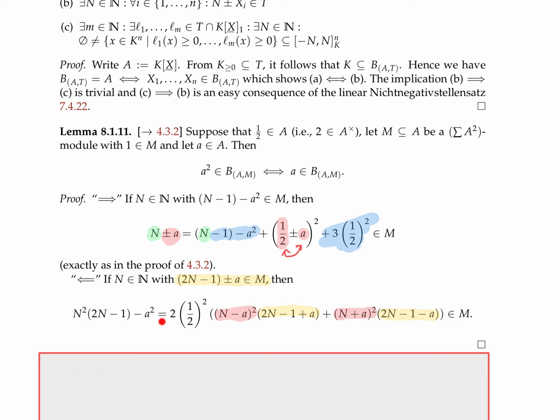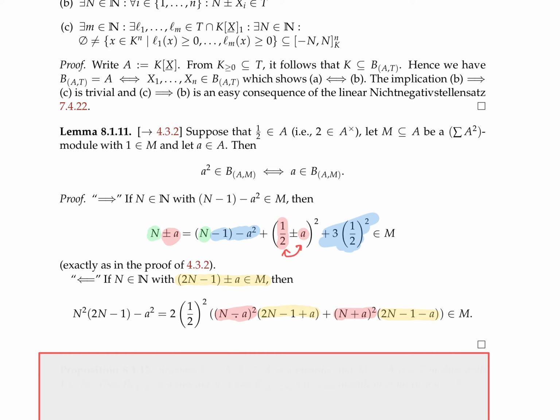And now why do we have this equality here? Okay, so let's just calculate a little bit. The terms which involve an a on both sides, what are they?